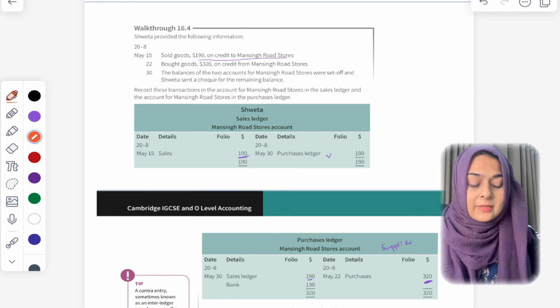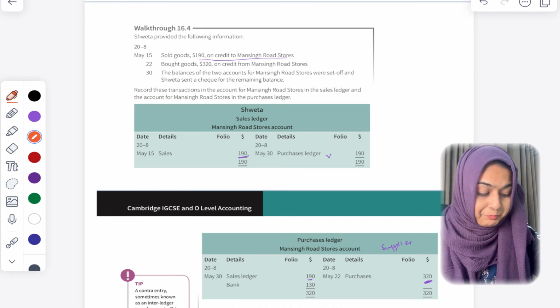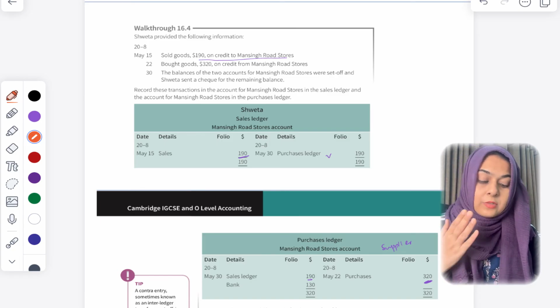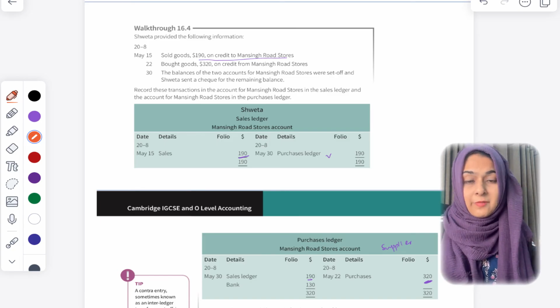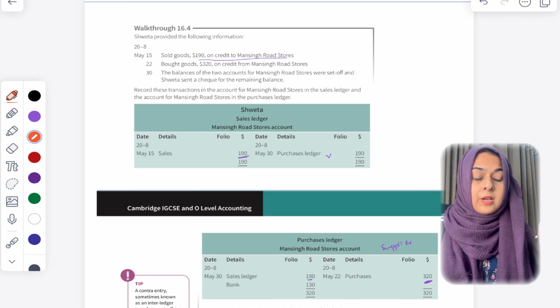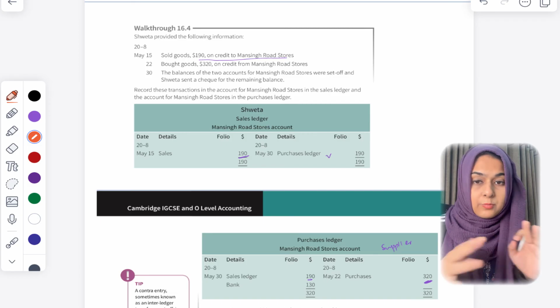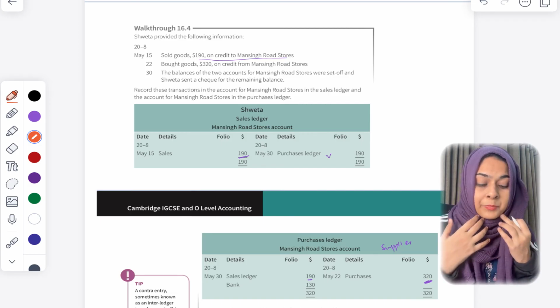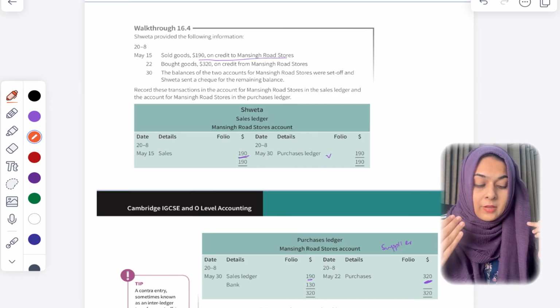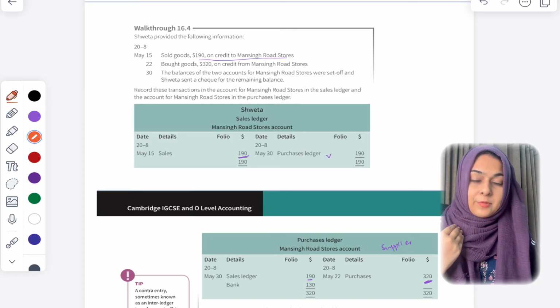Now, the thing is the difference between both. We have sold them goods of 190 and we have bought from them goods of 320. So 190 should be set off against both the accounts, because Mansingh Road has to pay me 190 and I have to pay them 320.